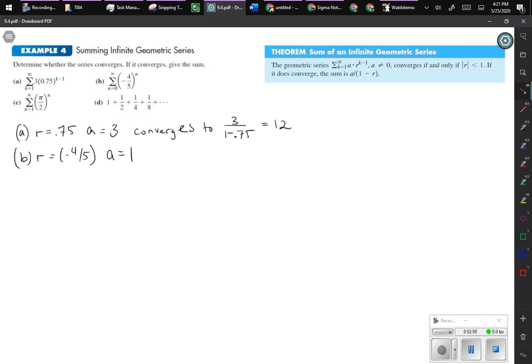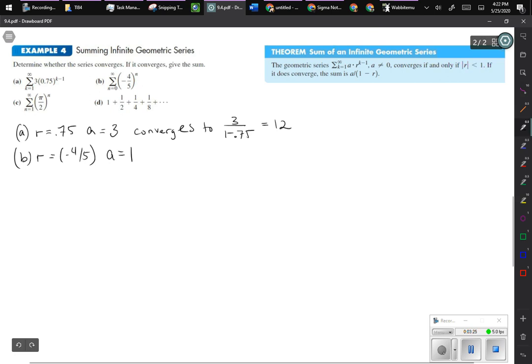And r here, if I plugged in a 1, then that would mean it's 1 times negative 4/5, right? Because it would be negative 4/5 to the first. And so my r is negative 4/5, and again, 4/5 is between 0 and 1, the absolute value of it, right?